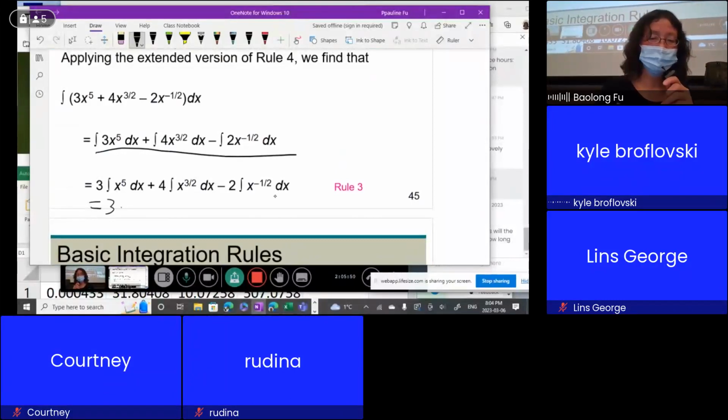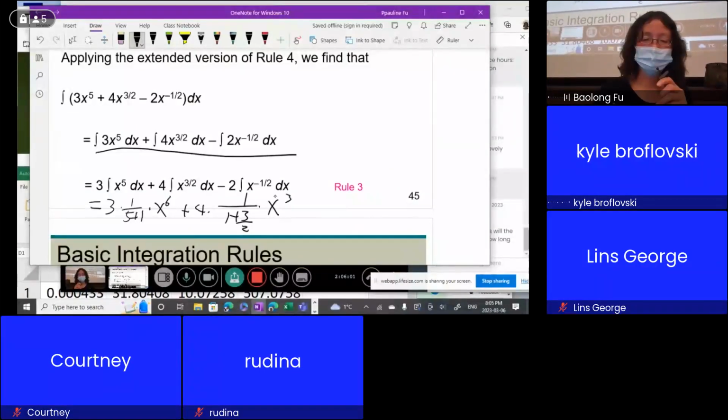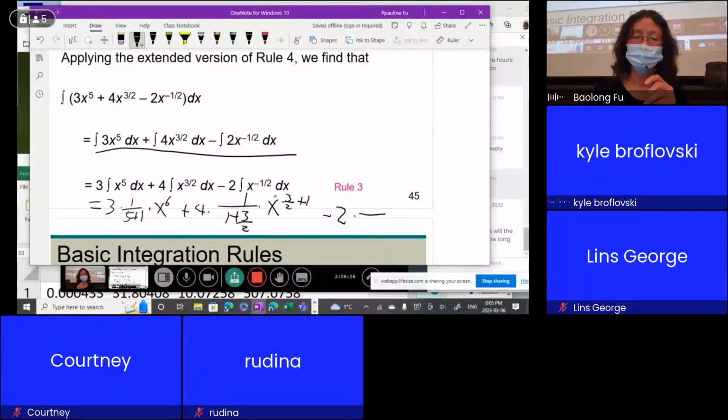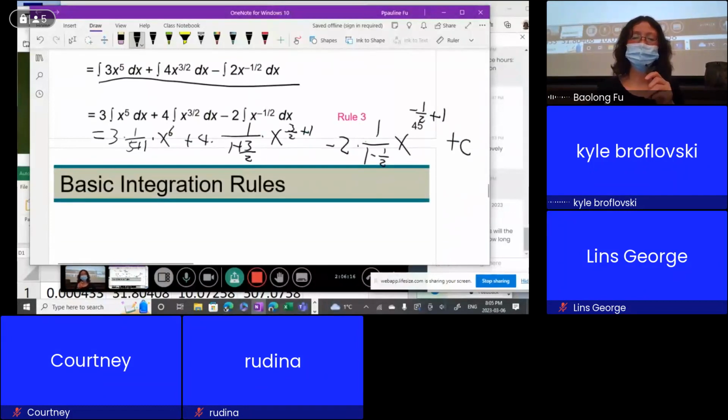The first one is 1/(5 plus 1) x^6. The second one is 3/2 x^(5/2)... and 5 plus 1 is 6, so 1/6 x^6.